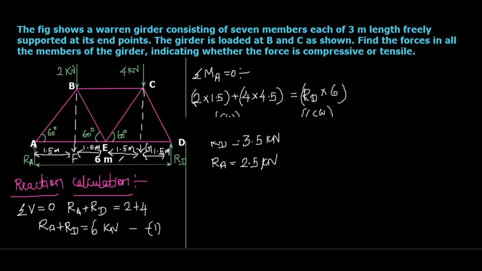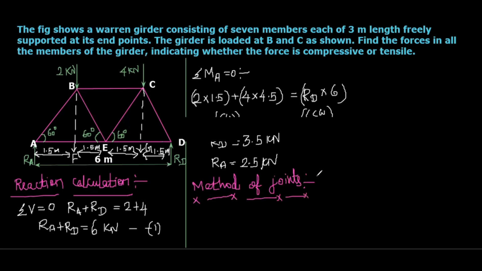So now we are going to start the method of joints or method of sections. First I'm going to consider method of joints. That means there are three principles in equilibrium: summation of horizontal forces equal to 0, summation of vertical forces equal to 0, summation of moment about any point equal to 0.